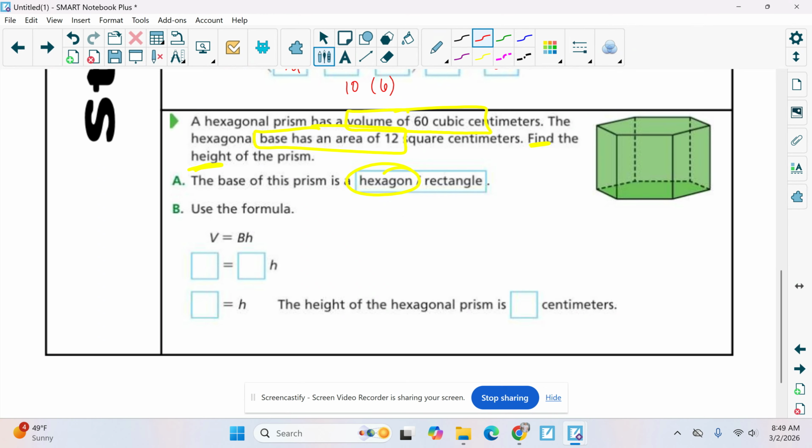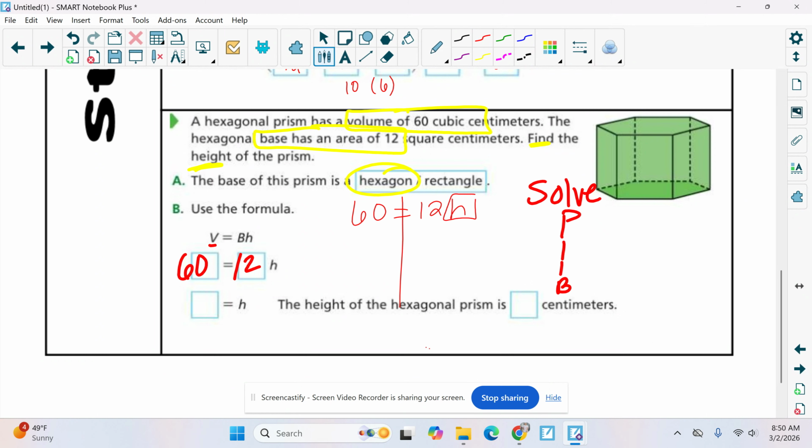When we solve, according to your brain dump, we do PIIB. You pivot. So if I have 60 equals 12h, I'm going to part the waters like Moses do. Isolate the variable. Do the inverse. And balance on both sides.